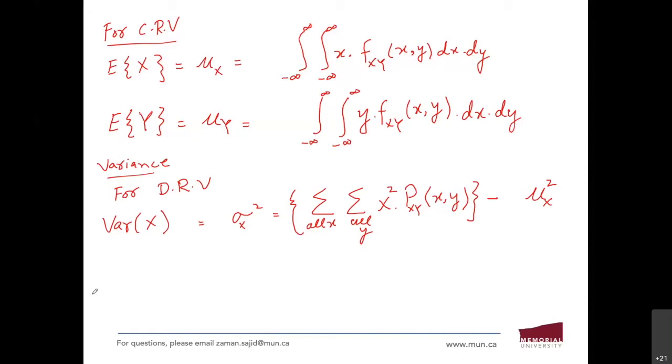Now in the same scenario, we will write down the variance formula for y variable. The same logic here. I start with the y square values. Because I'm talking about discrete random variable, joint probability distribution is denoted, in terms of a discrete random variable, as p of x of y.